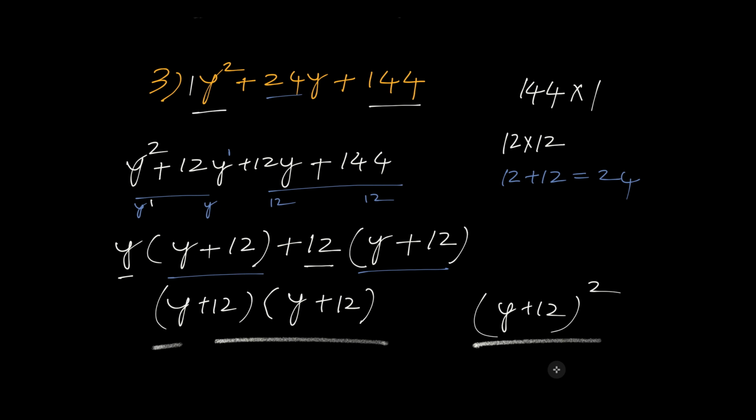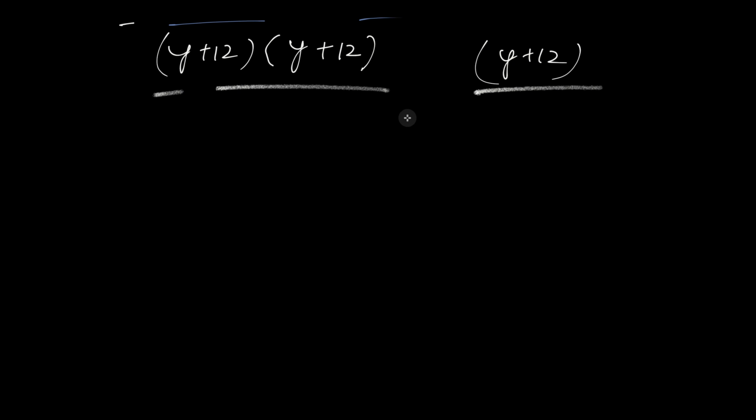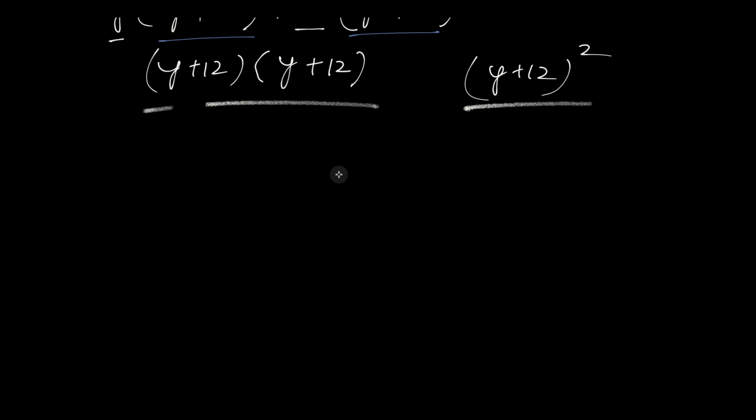Now we'll take the fourth question, which is going to be somewhat different from the previous 3 questions. Let's move this upside and we'll see the fourth question. The fourth question is 5y square plus 5y minus 10.